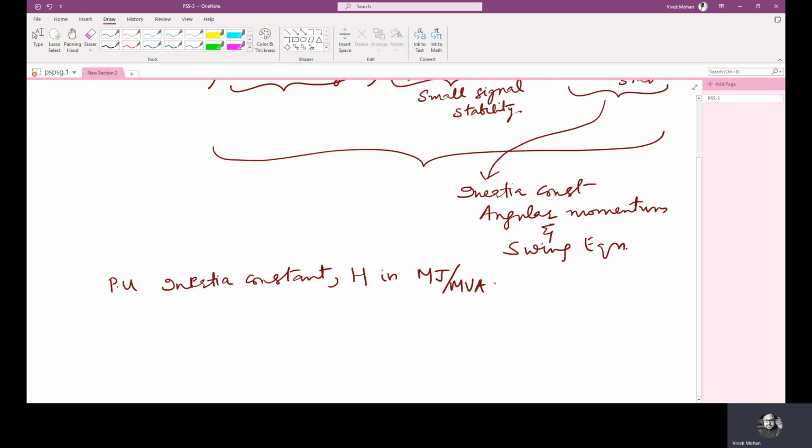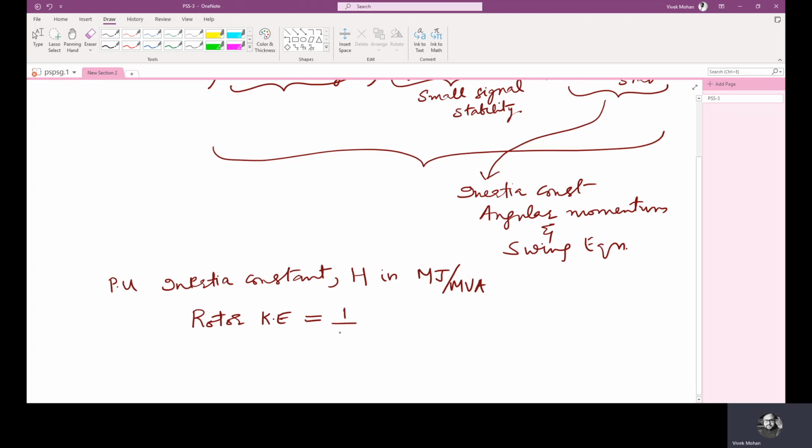It is the kinetic energy stored in the rotating parts of the machine at synchronous speed per MVA rating of the machine. Once again, I'll repeat. It is the kinetic energy stored in the rotating parts of the machine at synchronous speed per MVA rating of the machine.